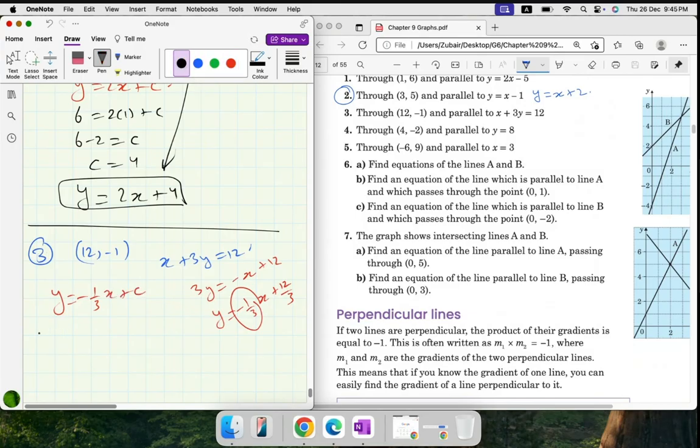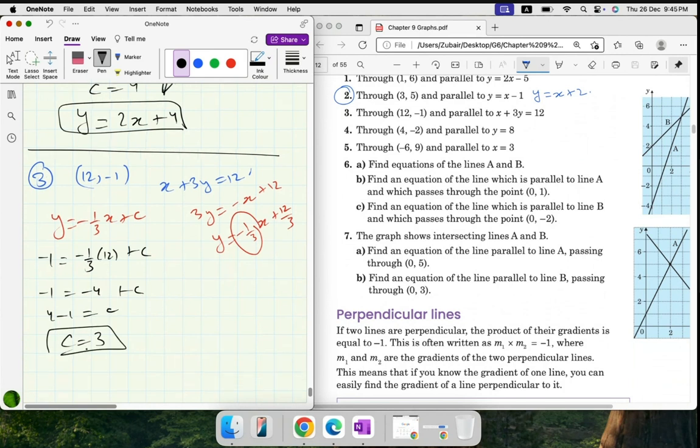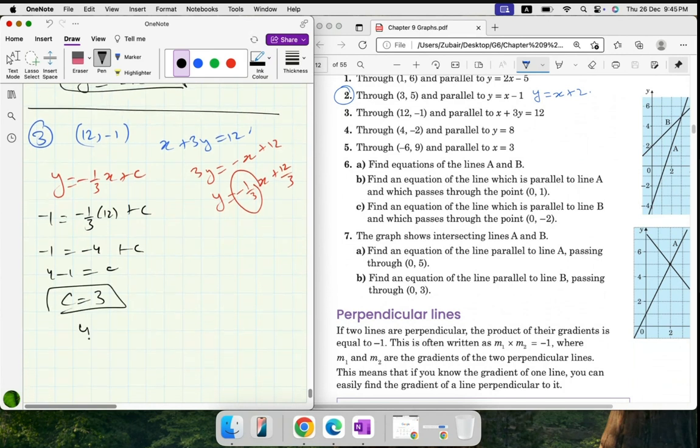New coordinates: minus 1 is equal to minus 1 by 3 into 12 plus c, minus 1 is equal to minus 4 plus c. 4 minus 1 is equal to c, c is equal to 3. So the new equation would be y is equal to negative 1 by 3 x plus 3.